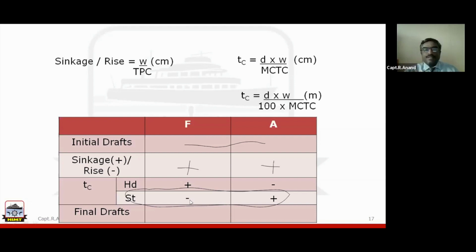So because trim change was by stern, forward draft would have been reduced, aft draft increased. So that is why I have to take this sign. Once I have this, I will just apply it to the initial drafts to get the final draft. This is the whole concept of trim type A. Any doubts so far? There are no doubts in chat, sir. Okay.